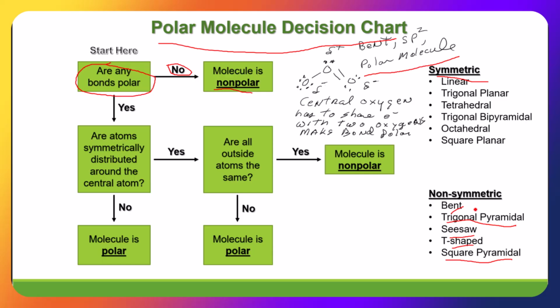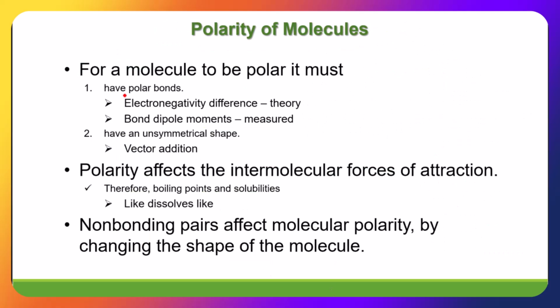Polar bonds and bent, trigonal pyramidal, seesaw, T-shaped, square pyramidal, these guys are going to be polar. Okay? Symmetrical, it's a little bit harder to tell sometimes, but tend to be non-polar if all the atoms are the same. Okay? All right. I think that's just about it.